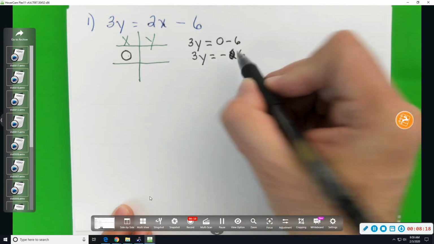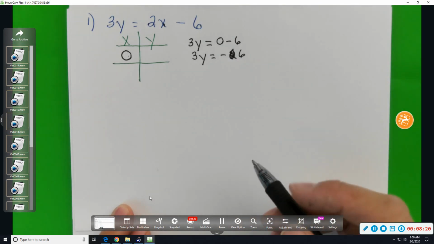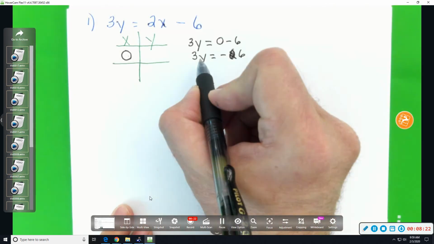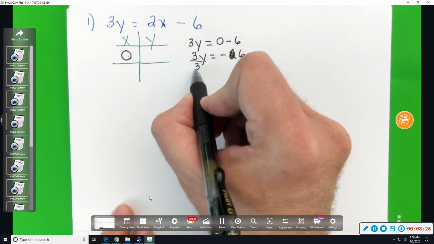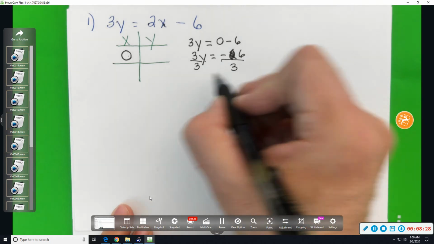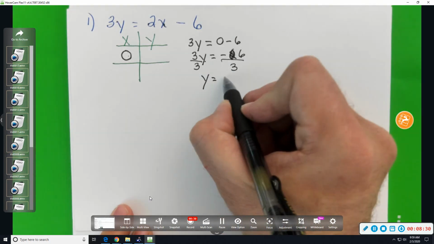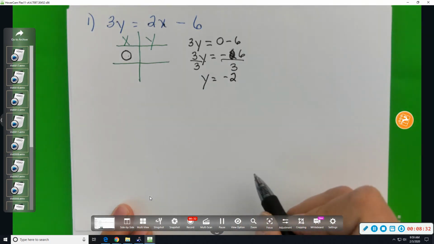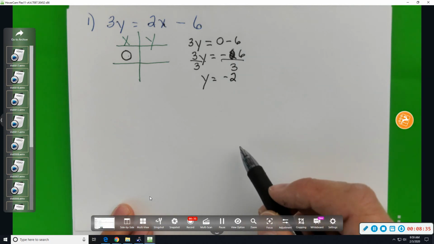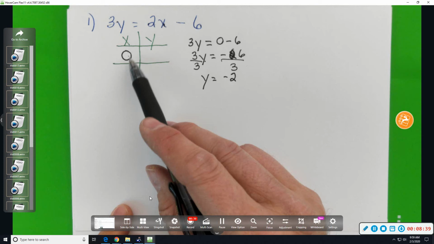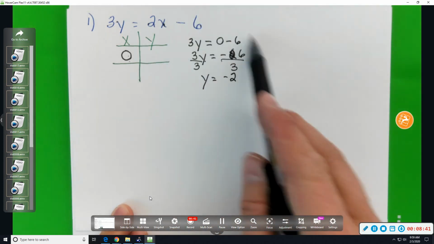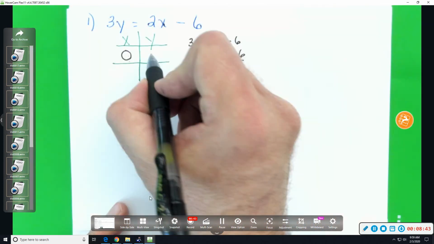Now solve for y. How would I solve for y? What would I do to get rid of this 3? I divide. Y equals negative 2. So in words, I plugged the 0 in for X, solve for Y, isolate the Y, I have a negative 2.